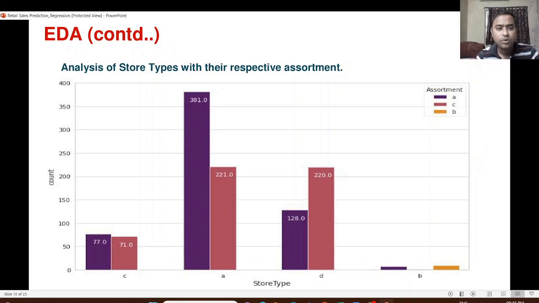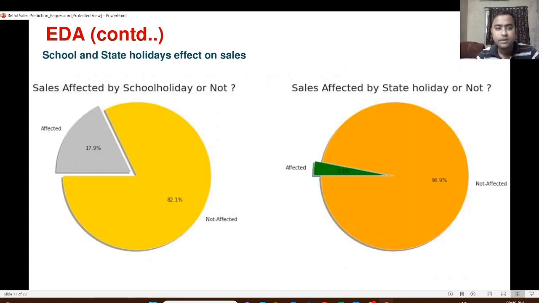Here we can analyze store types with their respective assortment. The next is the effect of school and state holidays on sales. On the left side, whether sales are affected by school holiday or not, and on the right side, whether sales are affected by state holiday or not.